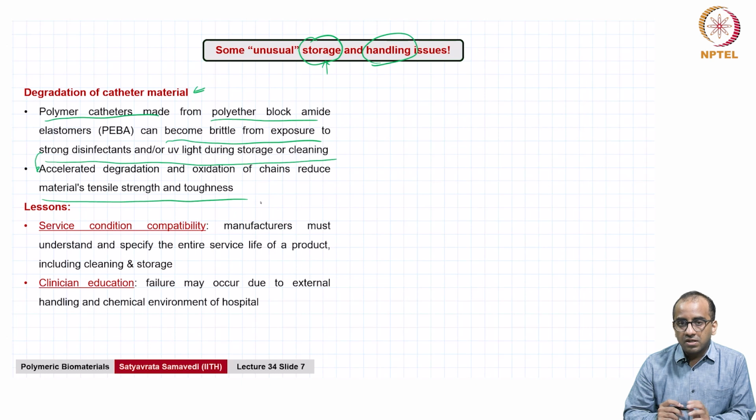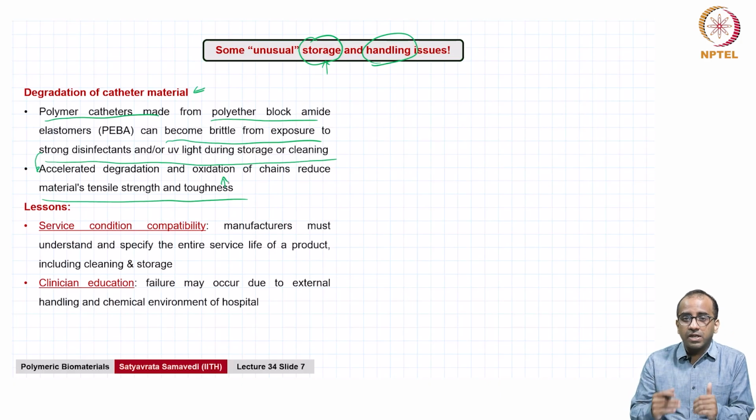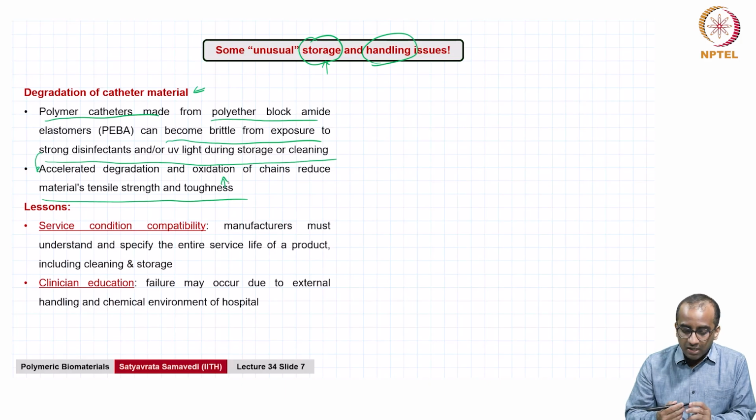So, you see here, intrinsically this material is not problematic, but when it is exposed to strong disinfectants or UV light during storage or handling, or perhaps even some extreme sterilization conditions, that can lead to oxidation of chains and accelerated degradation, thus significantly negatively impacting the mechanical properties of the catheter itself.